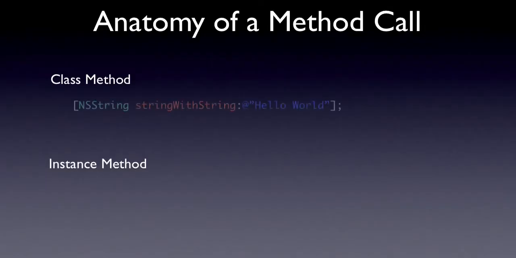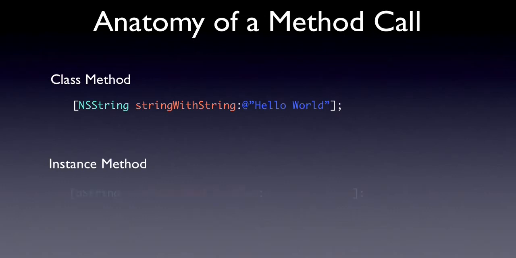Now there are two kinds of method calls: class methods and instance methods. Class methods are called by sending a message to the class itself, and usually will return an object of that class, but not always. In this case it does. We're calling the string with string class method of NS string, which returns an NS string object.